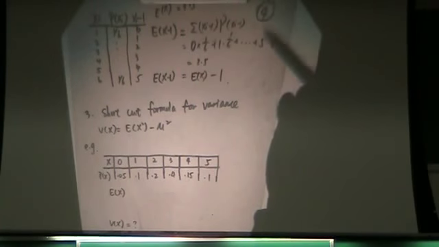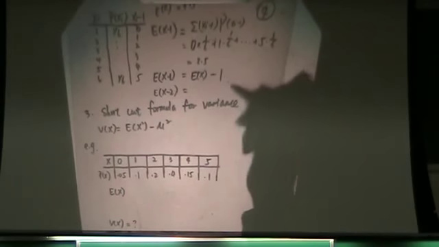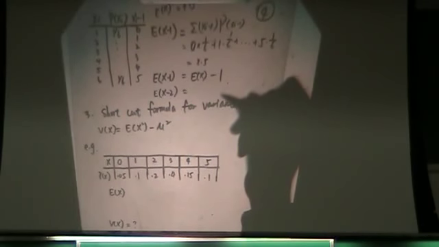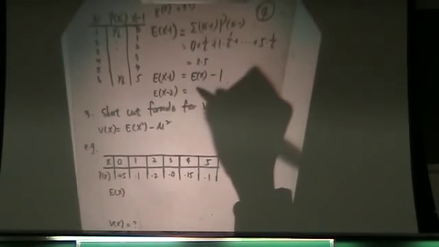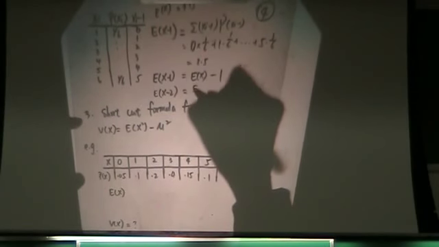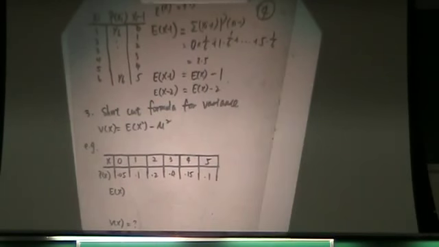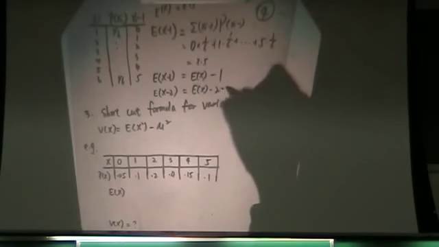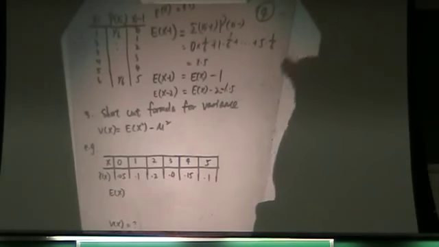Once you get E(x), you could directly get E(x minus 1). Obviously, you could also get the expected value of x minus 2. What's the expected value of x minus 2 here? 1.5. Yeah, it's just E(x) minus 2.